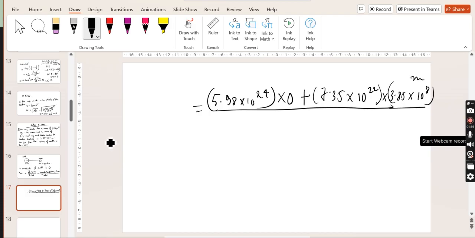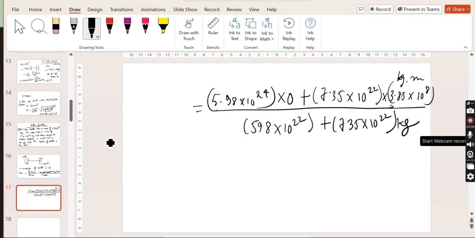So that is kg into meter. Here the denominator is 5.98 into 10 to the power 24 kg plus 7.35 into 10 to the power 22 kg.